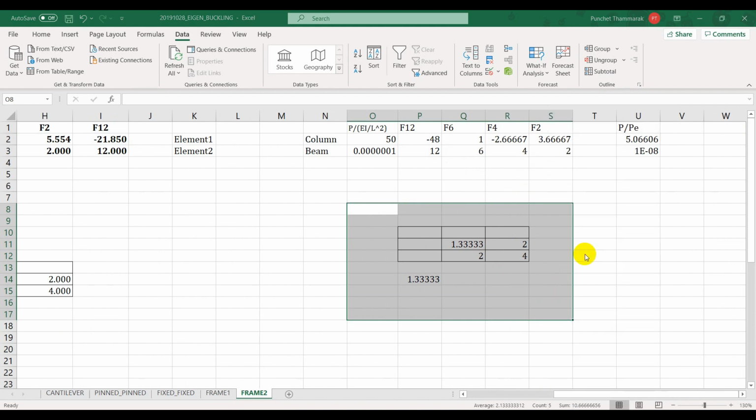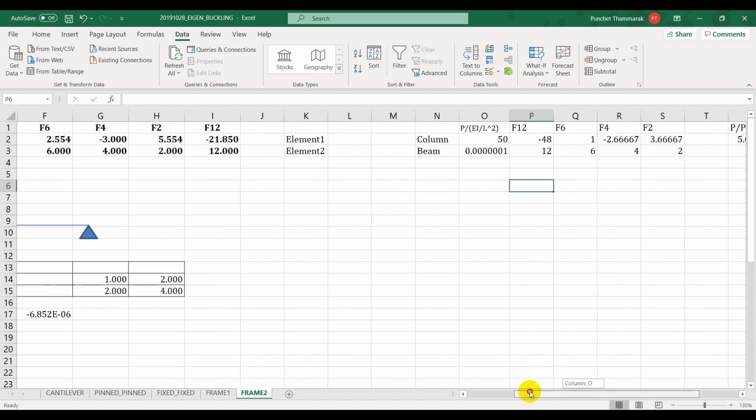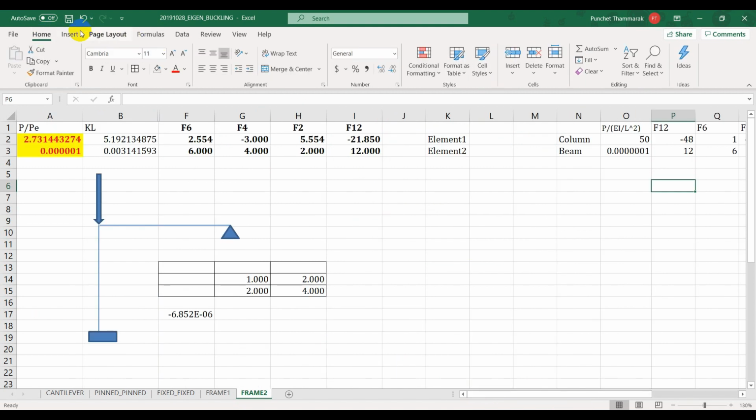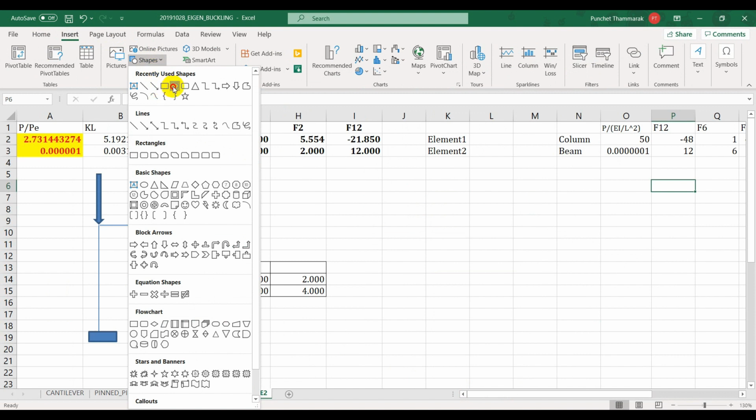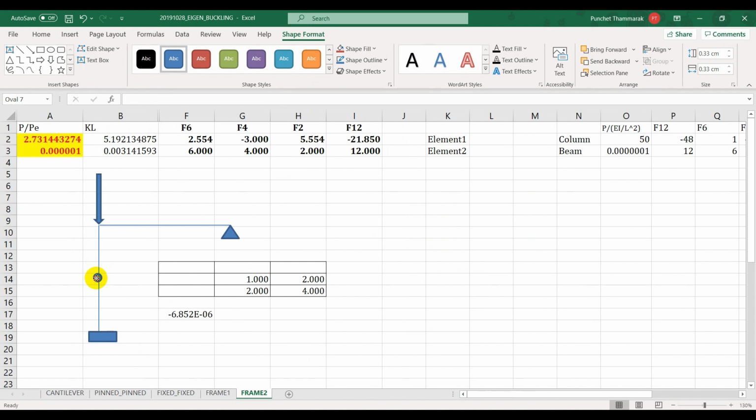Where can I delete? Okay, delete, shift cell left. So we need to make a discretization of the column must be made into 2 members like this. Okay. So we can pick up the displacement at the middle of the column, and that is the sensitive location. If you want, you can go a little bit like 0.4L and 0.6L.